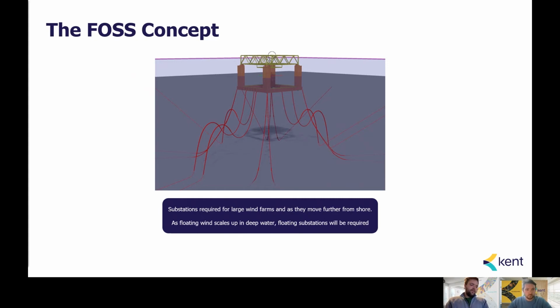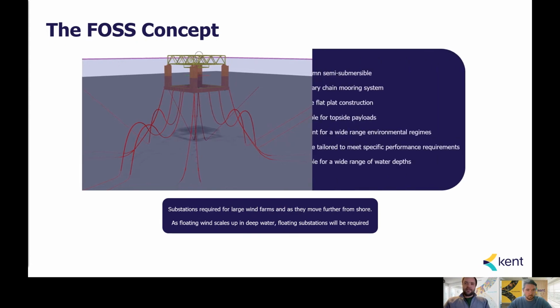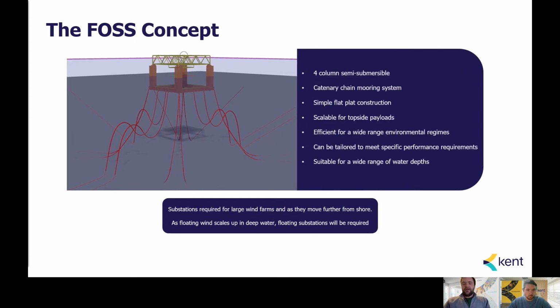The concept that we focused on is the one up on screen here. It's a very simple 4-leg semi-submersible structure with 8 mooring lines or 12 mooring lines, depending on the configuration that we've looked at, and the dynamic cables coming off it.